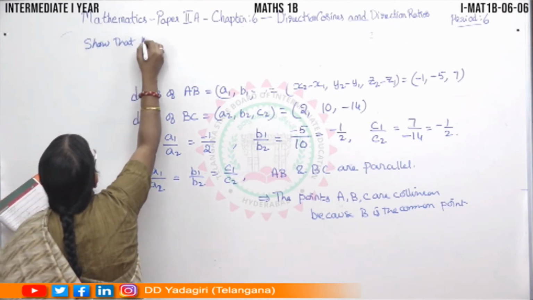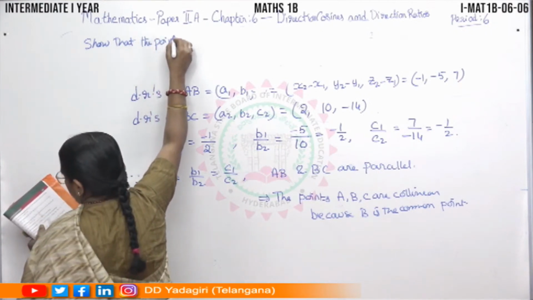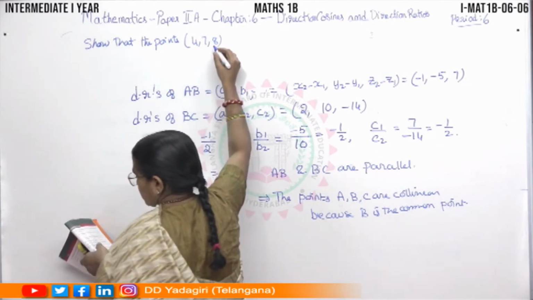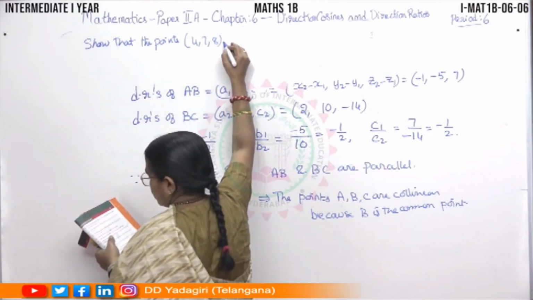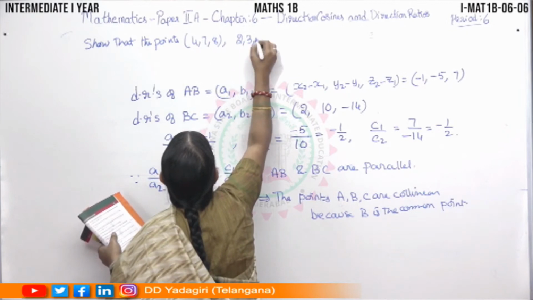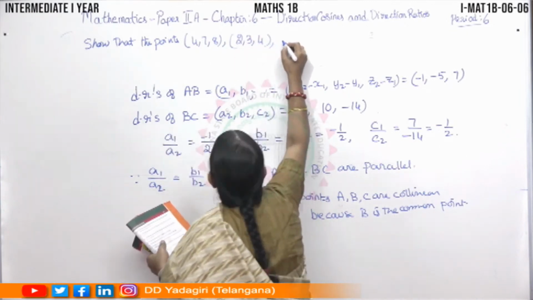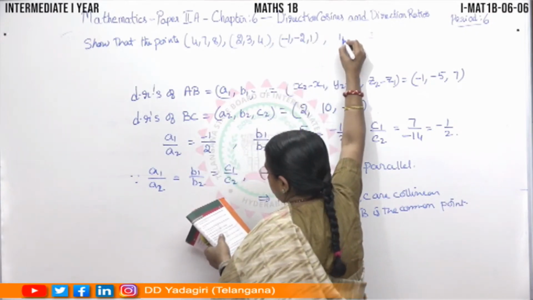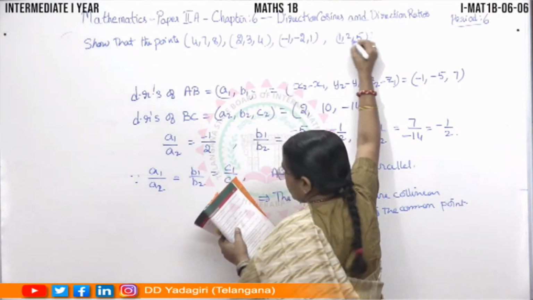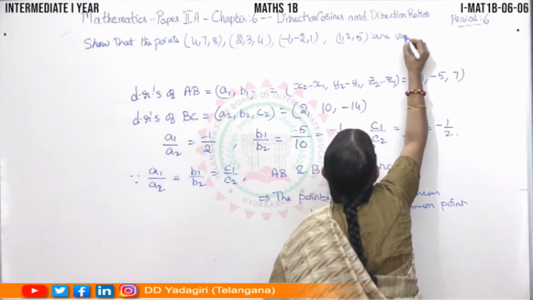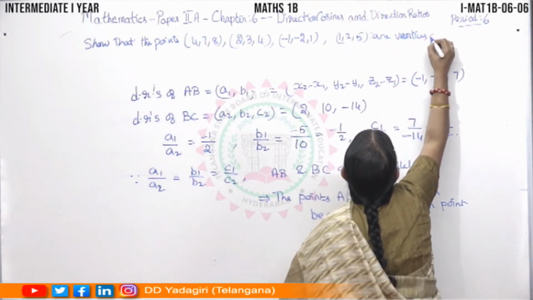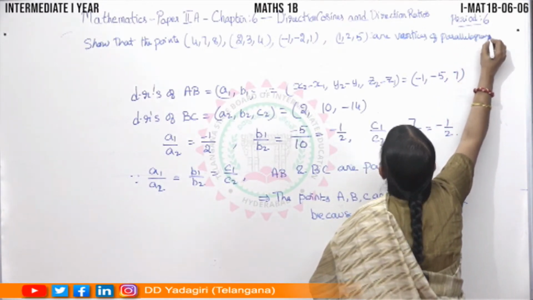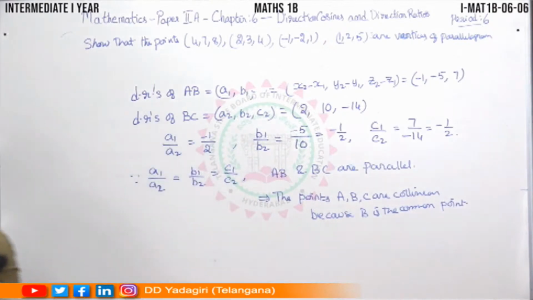Show that the points 4, 7, 8, and then 2, 3, 4, and then -1, -2, 1, and 1, 2, 5 are vertices of a parallelogram.